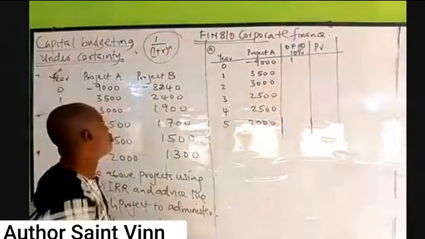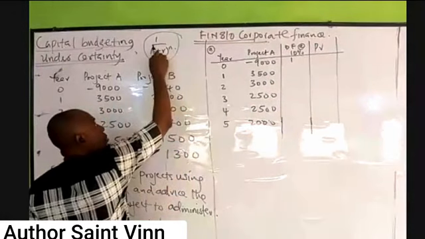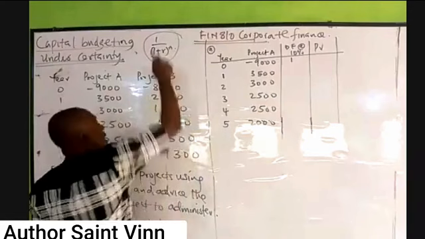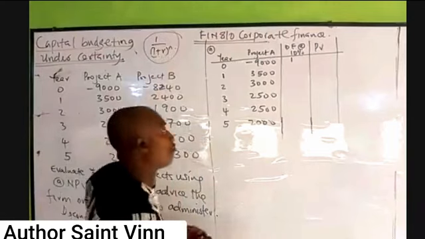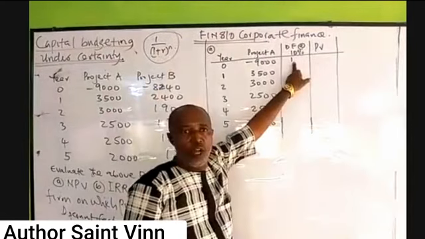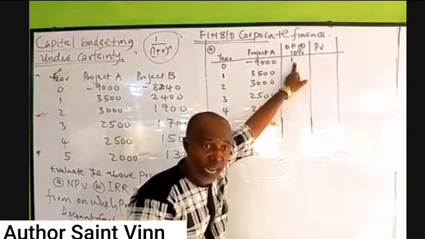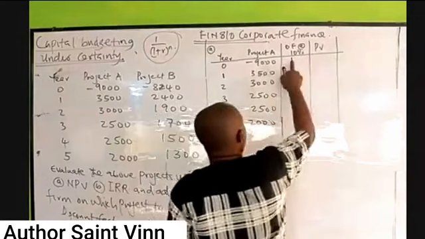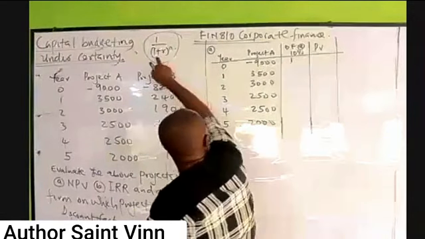So the second one, not to waste our time, I would have just put 1 also here. 1.1 raised to power 1, then 1 over 1.1. So instead of doing it like that, I've gotten the first one. I'll just divide this first one by 1.1. I'll keep on dividing like that till I get to year 5. So I start. 1 divided by 1.1. What do you have?